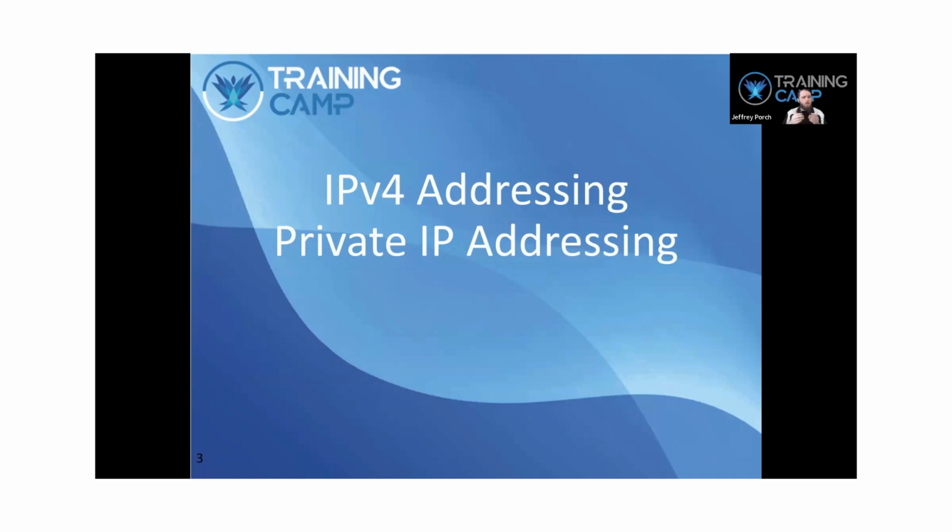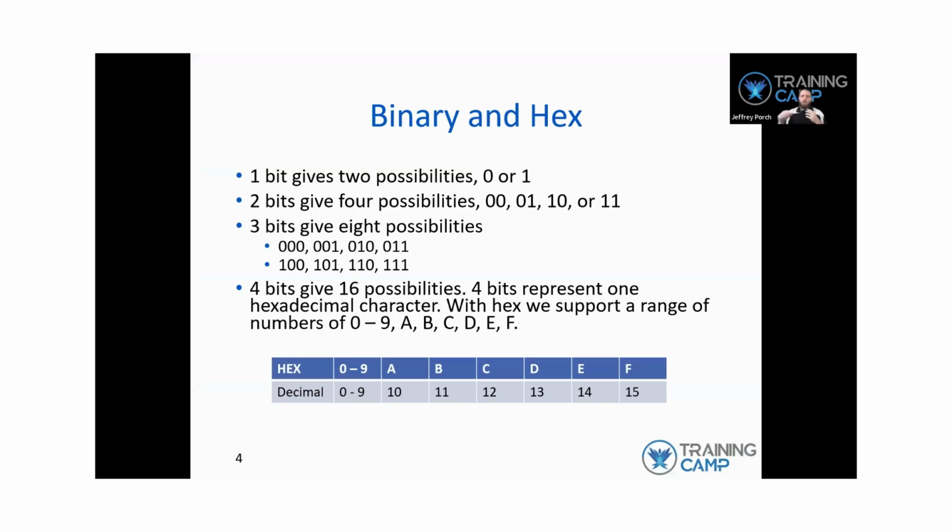But when we're talking about IPv4, you have to understand that the purpose of an IP address is to make sure that your computer has a reachable address in order to send traffic.